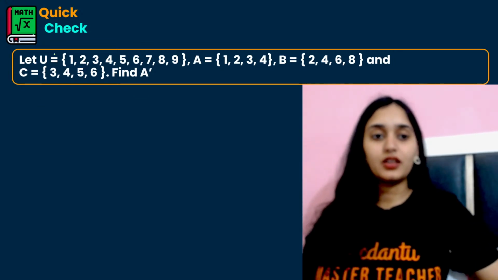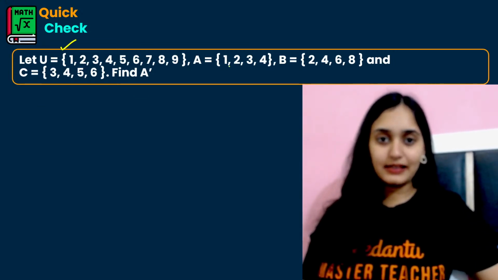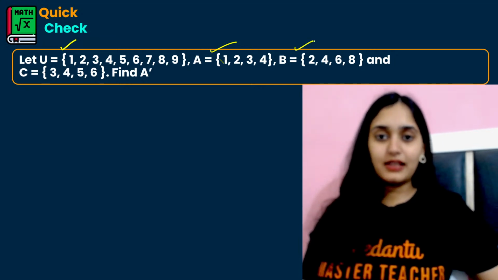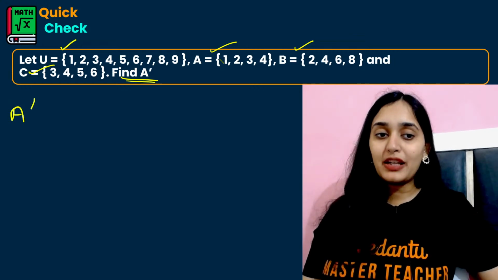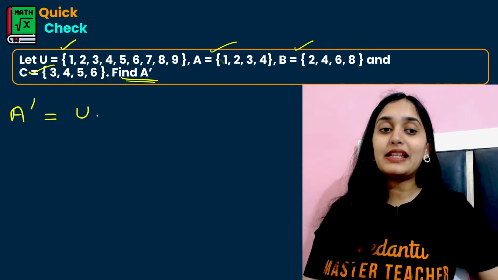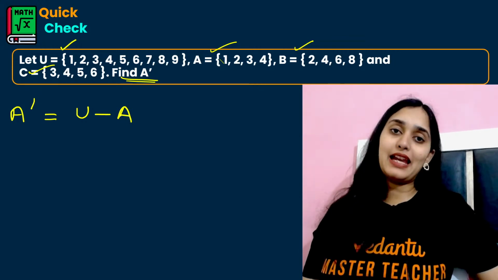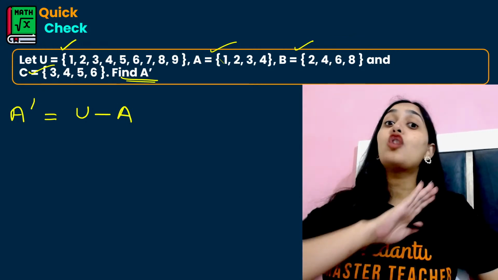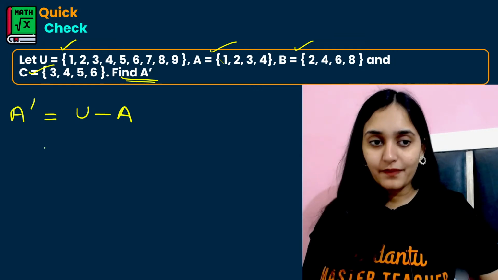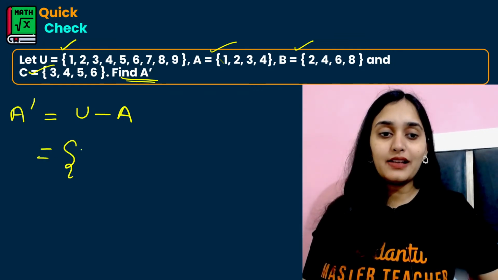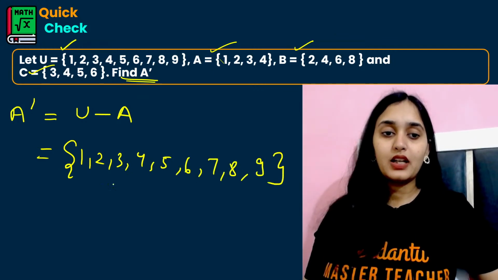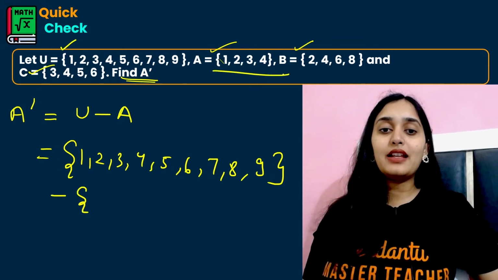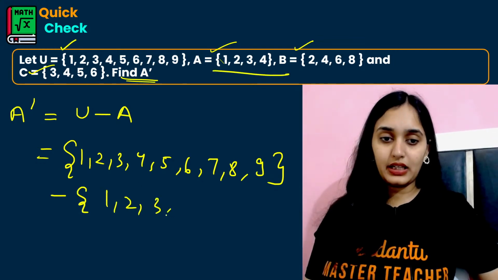Let's do a question. If universal set is this, set A is this, set B is this, set C is this, find A complement. A complement is universal set minus set A. Everything which is not there in set A. So, universal set is 1, 2, 3, 4, 5, 6, 7, 8, 9, minus what is there in set A: 1, 2, 3, 4.